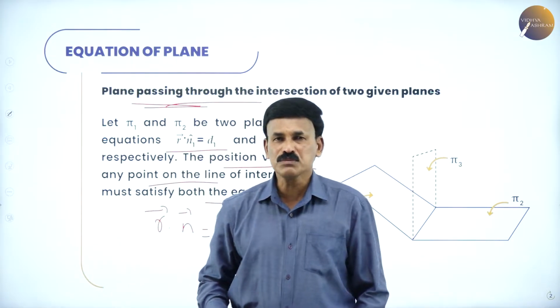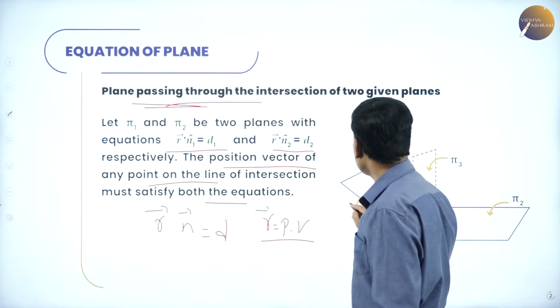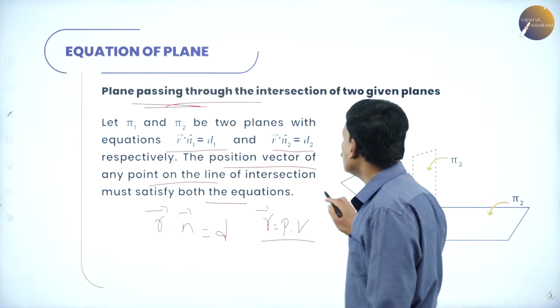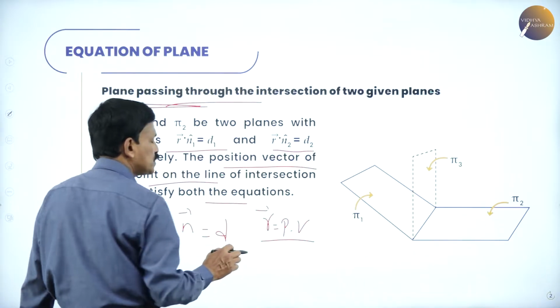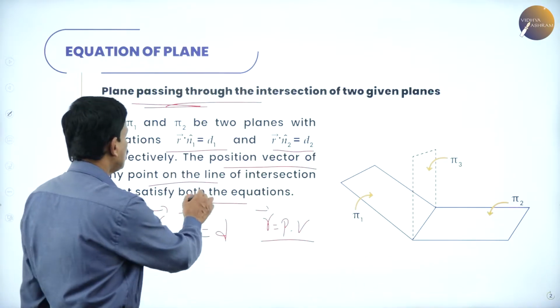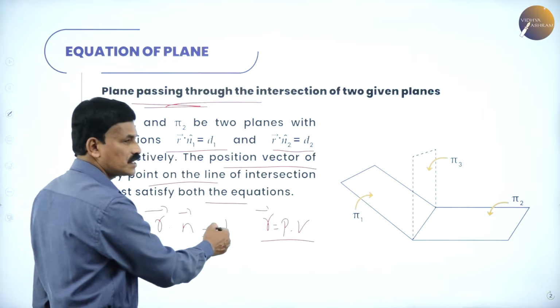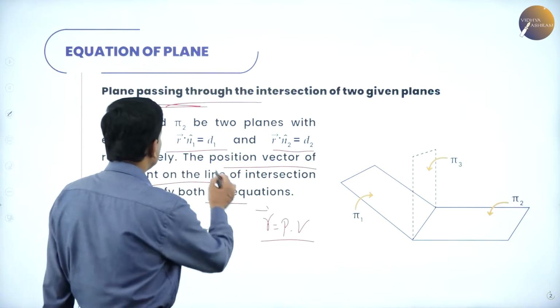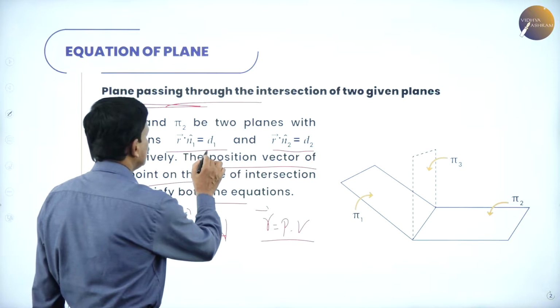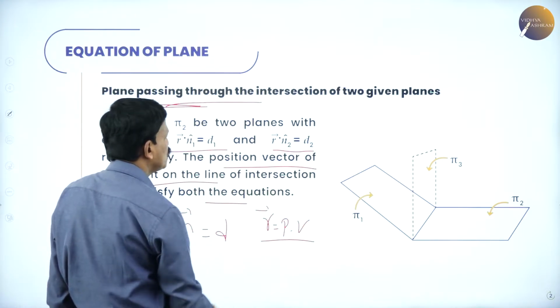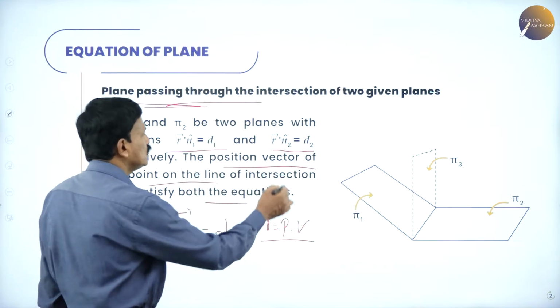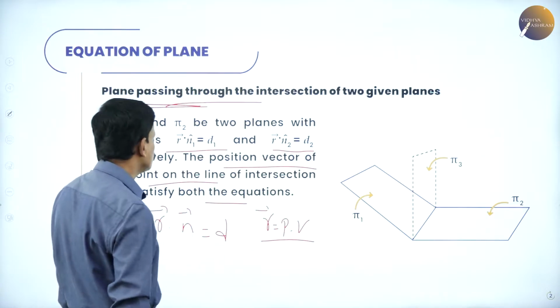Now, listen to me here. Let us consider two planes pi 1 and pi 2. The equation r dot n is equal to d is the general form. So for the first plane it is r dot n1 is equal to d1, and for the second plane it is r dot n2 is equal to d2.